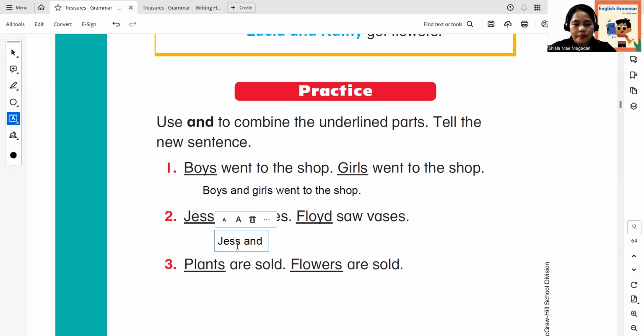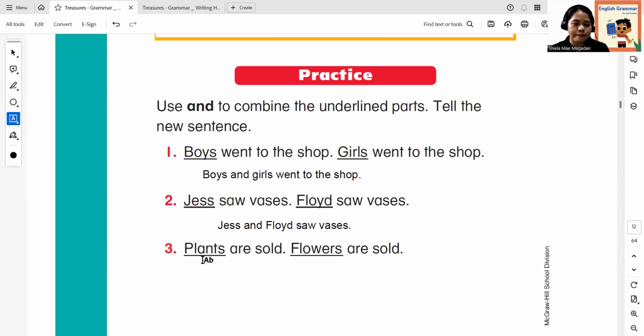Floyd is a proper noun, the name of a person, so we have to use a capital F. Then Floyd saw vases. All right, good. So we're able to combine the two sentences. Jess and Floyd saw vases. Can you read it? Very good.